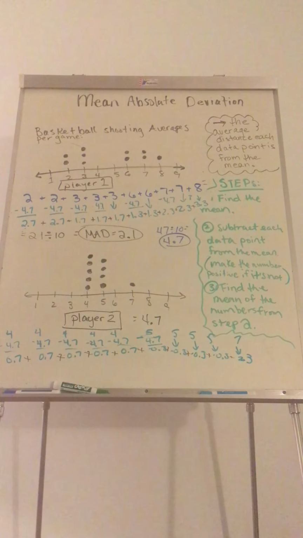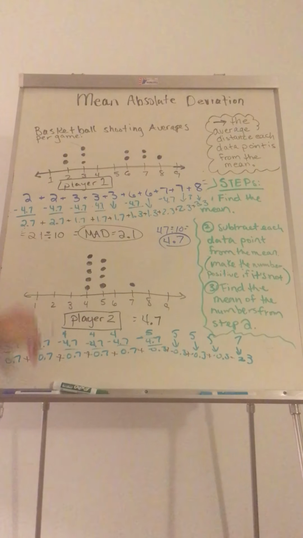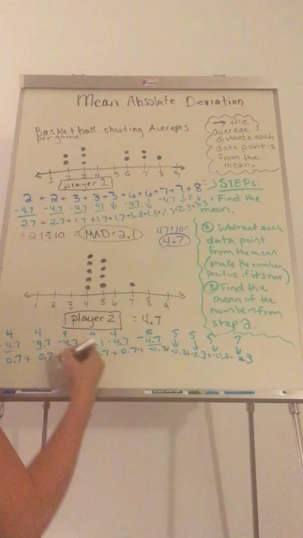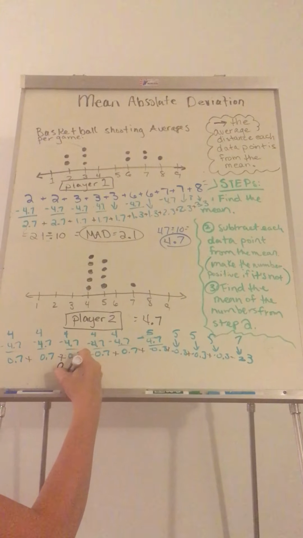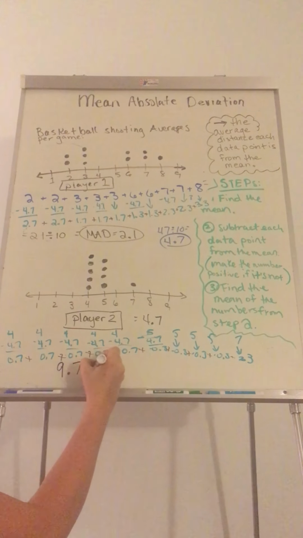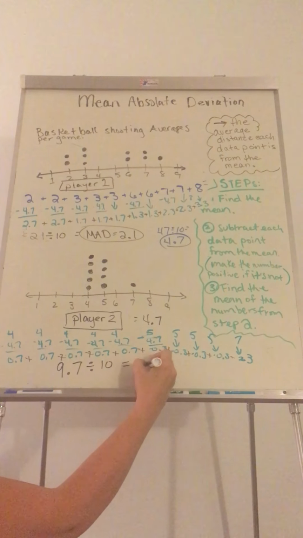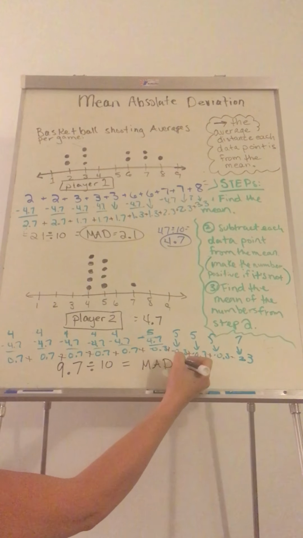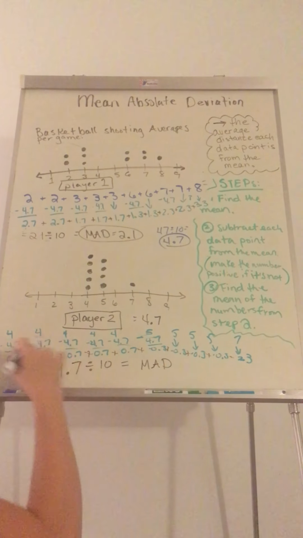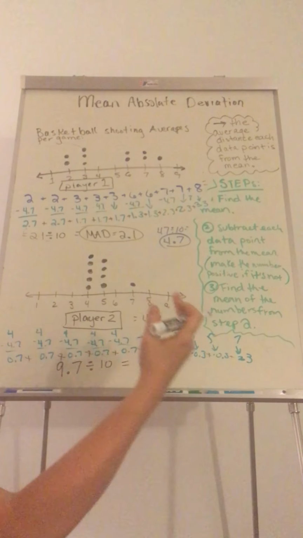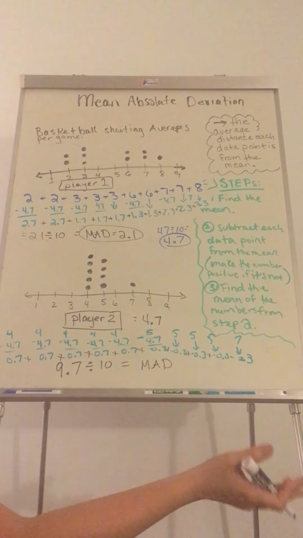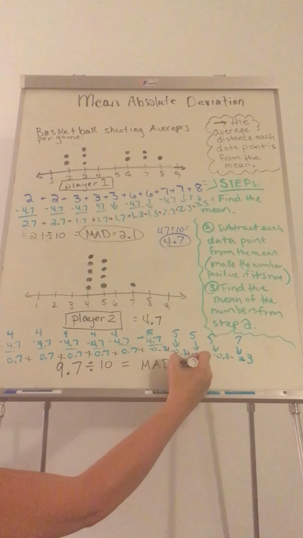Okay, and there I end up with 9.7. Now again, there are 10 values, so I divide by 10, and my answer is a decimal. The MAD, mean absolute deviation, the average of how far each data point varies from the mean, is 0.97.